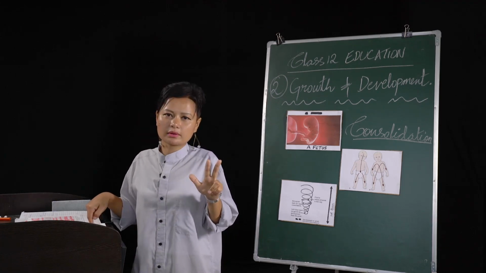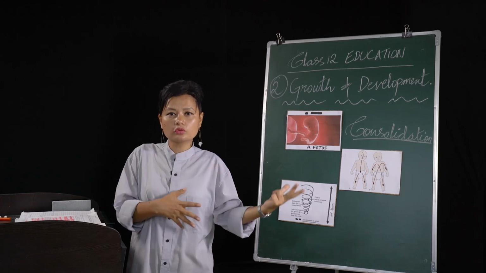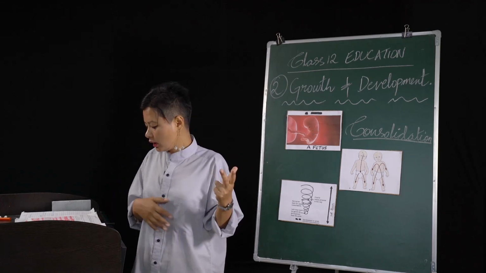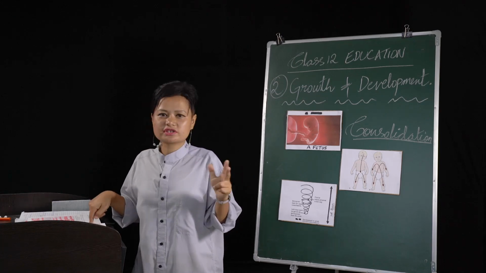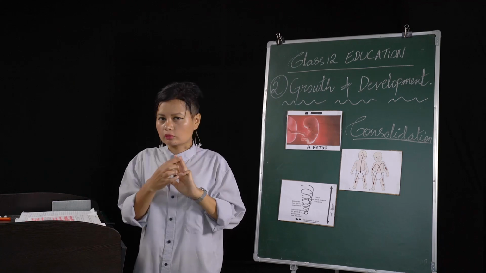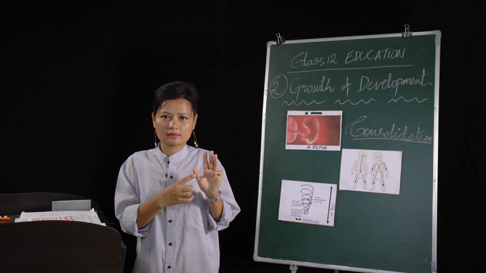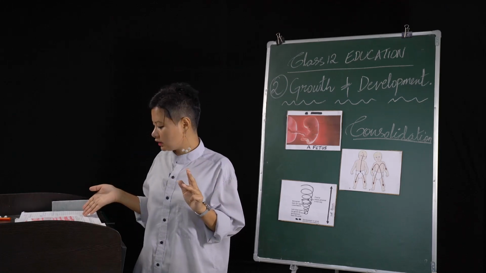And then disappearance of old features. When you grow in size, your old features will disappear, the old you will disappear, right? And when the old features disappear, there is acquisition of new features. So those are the 4 points given by Mrs. Herlock. Okay, this is there even in your question.